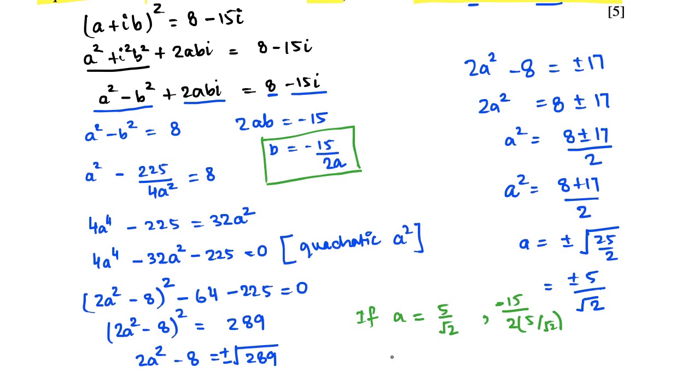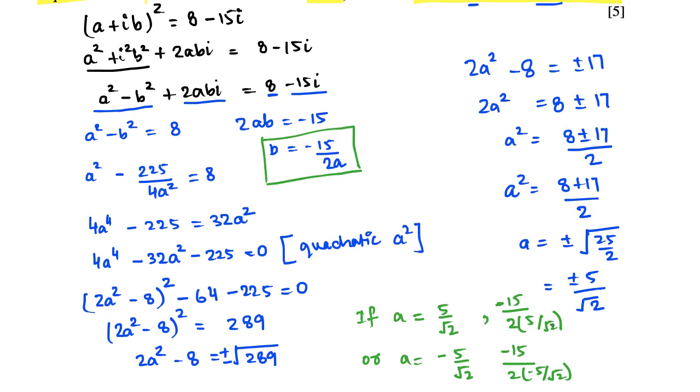This is the value of b. Or if a equals negative 5 by root 2, then the value would be negative 15 upon 2 times negative 5 by root 2. So if you simplify, you will get two possible values.